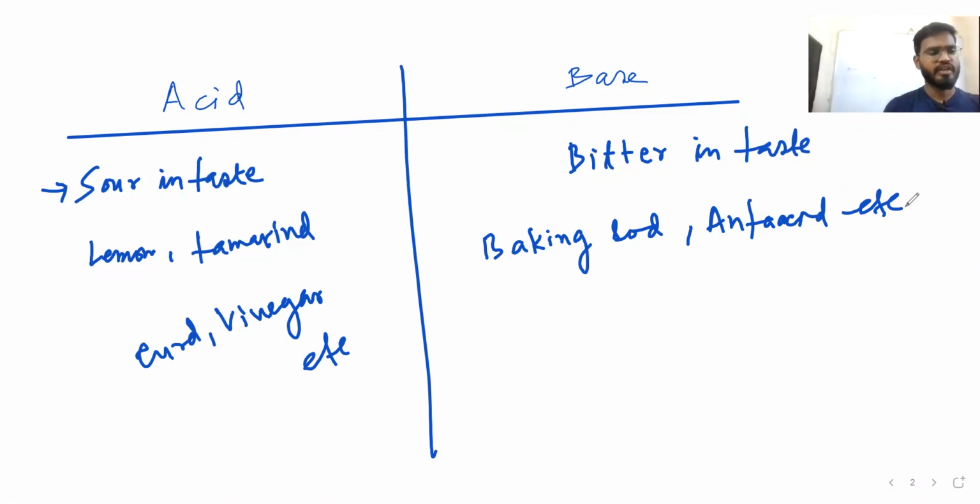Now next, if you bring a litmus paper, what will happen? Let's take the next property. Acid turns blue litmus to red.